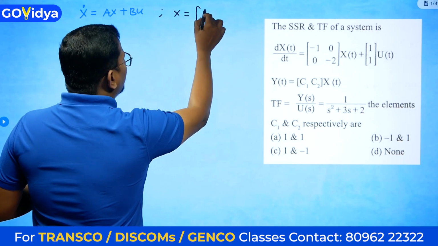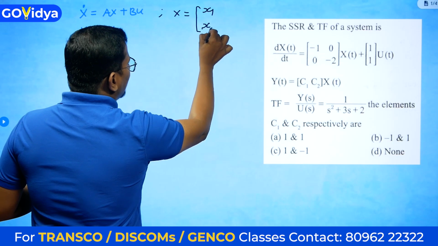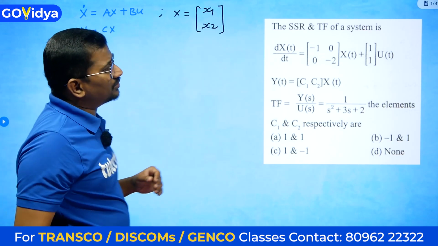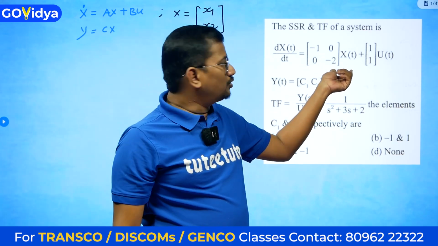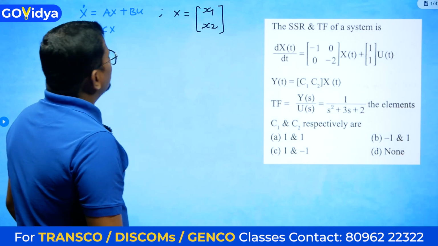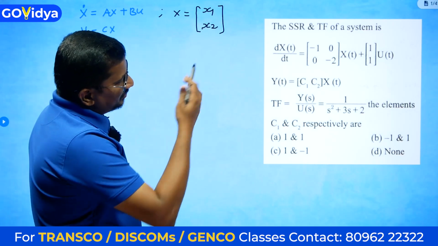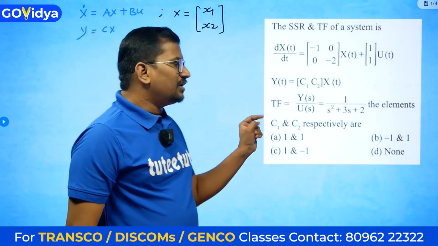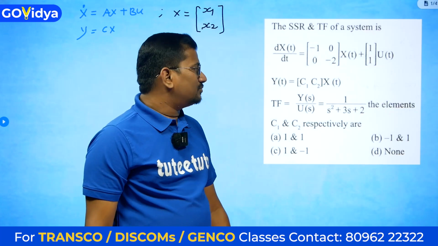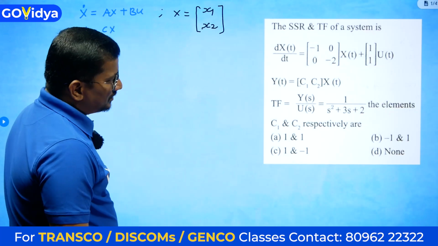So let me call this x1 and x2. Why have we taken only x1, x2? Because it is a second order system, a 2 by 2 matrix. Now they have already calculated what B and all are, and we need to see what C1 and C2 are. So for that, let us write this equation.